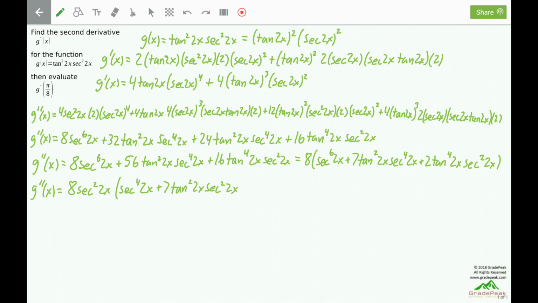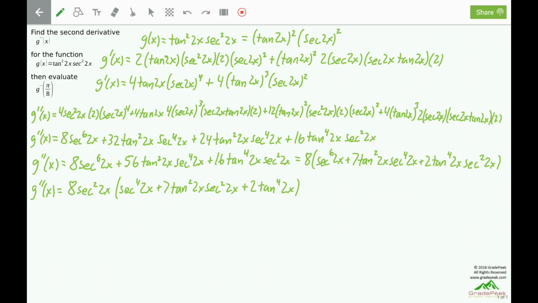And then the third term, we're taking away 2 of them, and it has only 2 to begin with, so both of them will get taken away. And we'll be left with just that tangent to the fourth of 2x. So there's the factored version of the second derivative, g double prime of x.